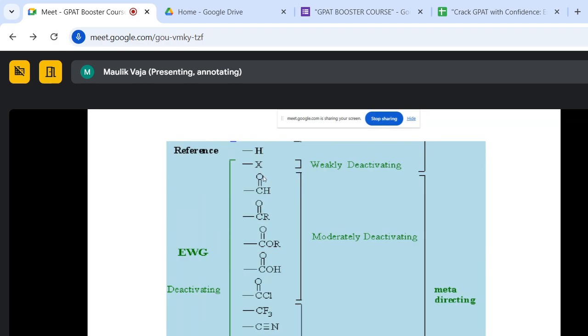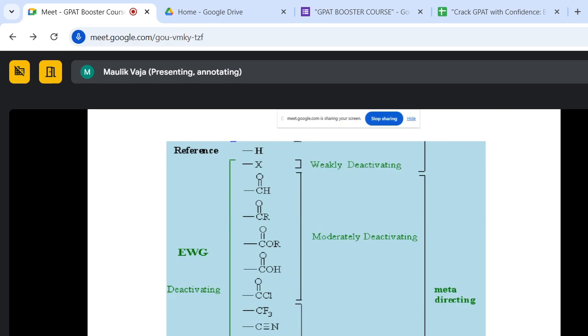Oxygen, the neighboring atom, has high electronegativity, so electron withdrawing group. Another example: COOH, COOR, COCl. Another example here CF3, carbon and fluorine. Fluorine has high electronegativity. That's why it becomes electron withdrawing group. Here CN, nitrogen has high electronegativity, electron withdrawing group.